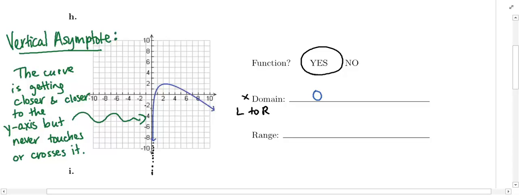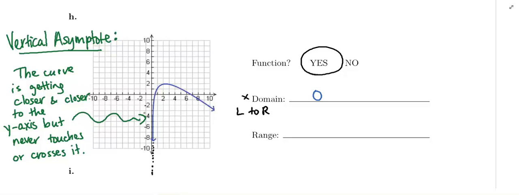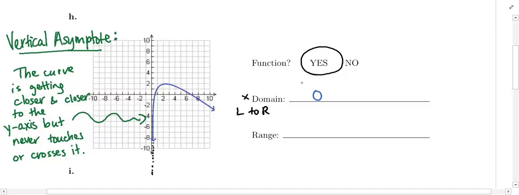The leftmost point on this graph is somewhere along the y-axis. The y-axis has an x-coordinate of 0. But since we never touch or cross the y-axis, x cannot actually be 0, so we exclude it with a parenthesis. That's how you handle this situation.